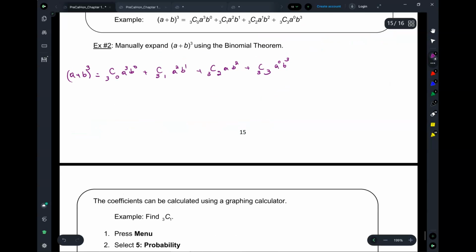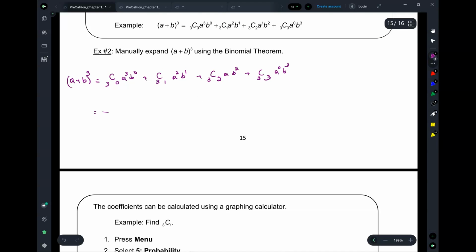Do we never adjust, we only move the r? Yeah, n is constant. So let's do each of these now. C3,0: the first number factorial over, subtract them, 0 factorial, the second number factorial. So this is a cubed. Plus 3 factorial over, subtract them, 2, and then the second number.